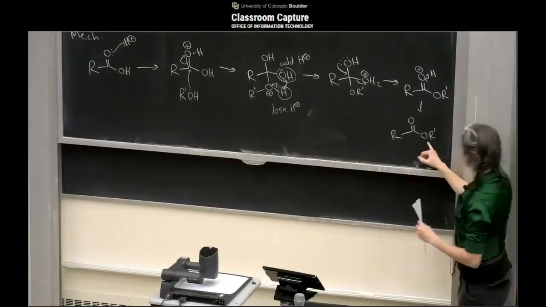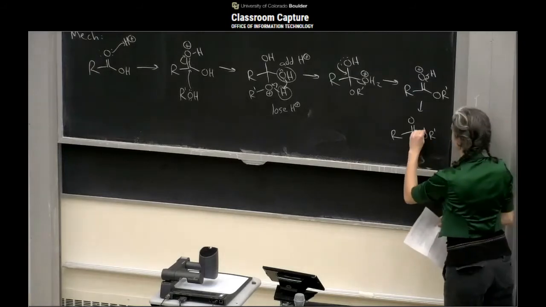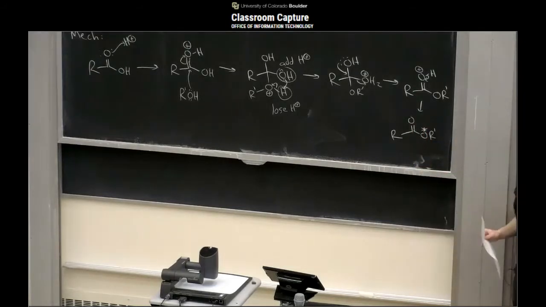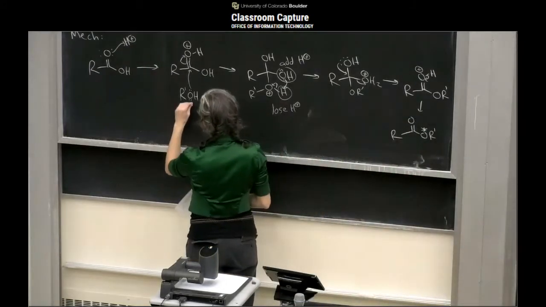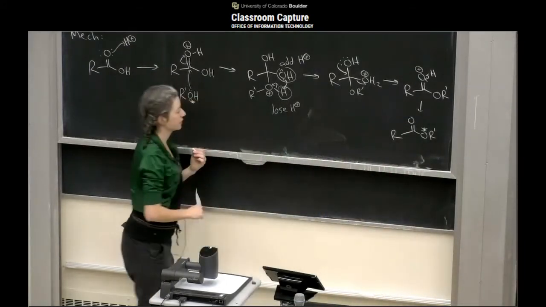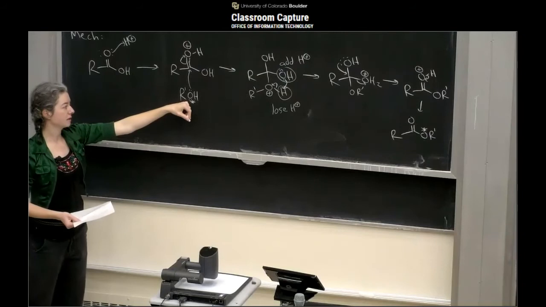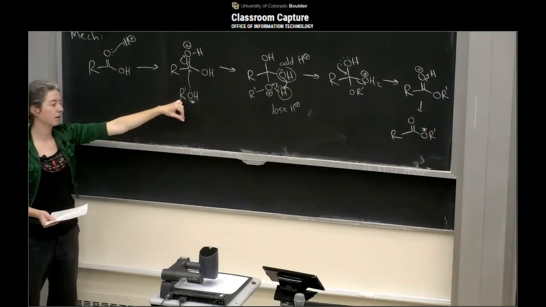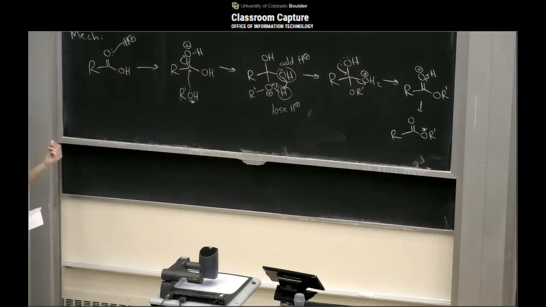So when we've made the ester, this oxygen here, I'm going to draw a little asterisk on it, is the oxygen that came in with ROH from the start. People have actually proven this by doing isotope labeling studies. They take a special isotope of oxygen, bring it in as part of the alcohol, and it gets incorporated as the OR prime group of the ester. That's how we know that's going on. Okay. So questions about that?